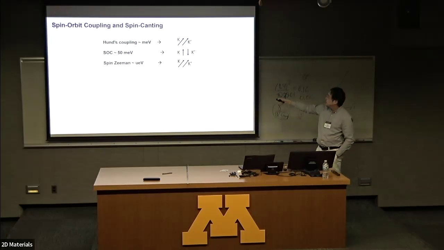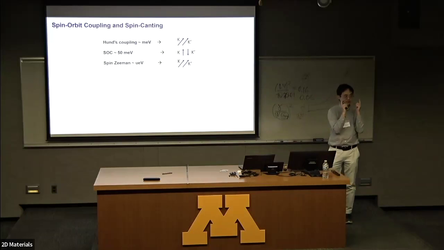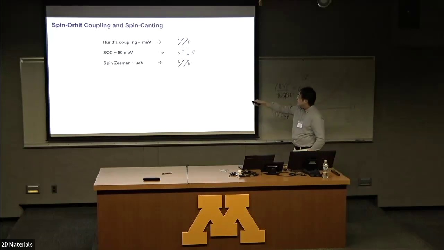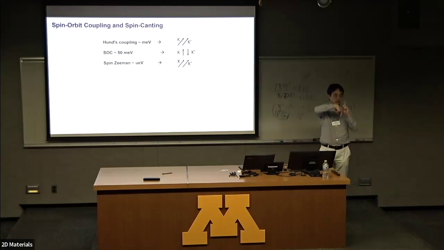Hund's is the biggest, and spin Zeeman is the smallest, but they share one feature, which is that they want the spins to be lined up in the same direction. Well, the second energy term, SOC, wants the spins to be anti-parallel, and this is obviously much bigger than the spin Zeeman energy, but because the third term makes an ally with the Hund's coupling, the anti-aligned spin effect of the spin-orbit coupling is actually very, very weak in this case.